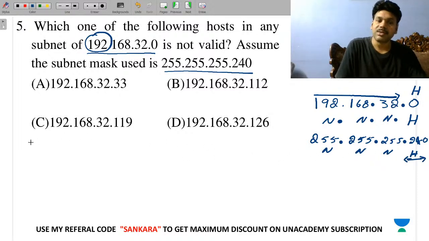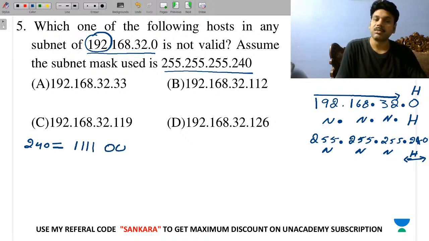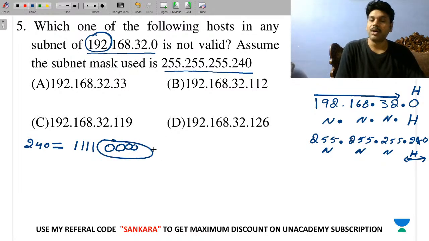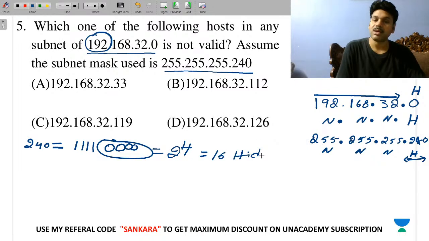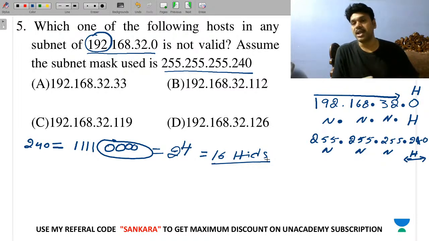Therefore, my dear friends, write your 240 in binary, which is 4 ones on, 4 zeros off. So you are going to find your block size is 2 power 4, which is nothing but 16 HIDs. That means your subnet numbers are in the range of 16.